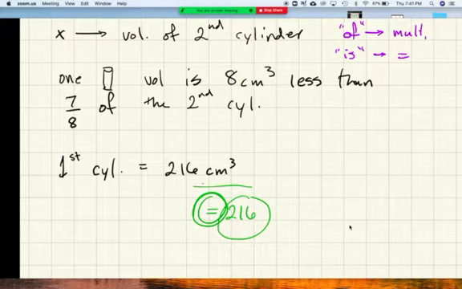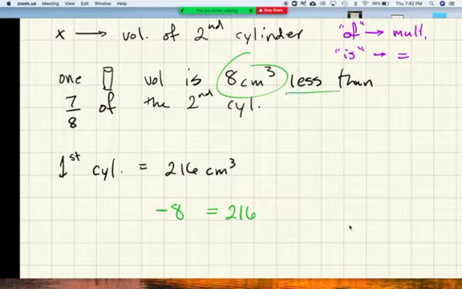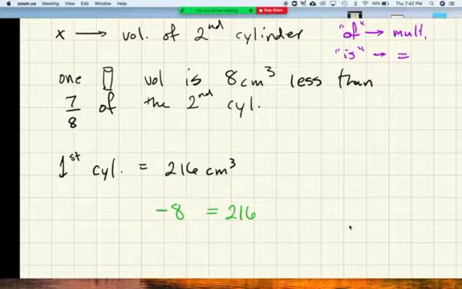Then 8 less than: if you had 8 less than 10, that's 2, you're just subtracting. So whenever they say a number less than something, you subtract that number off. So we're going to do minus 8.